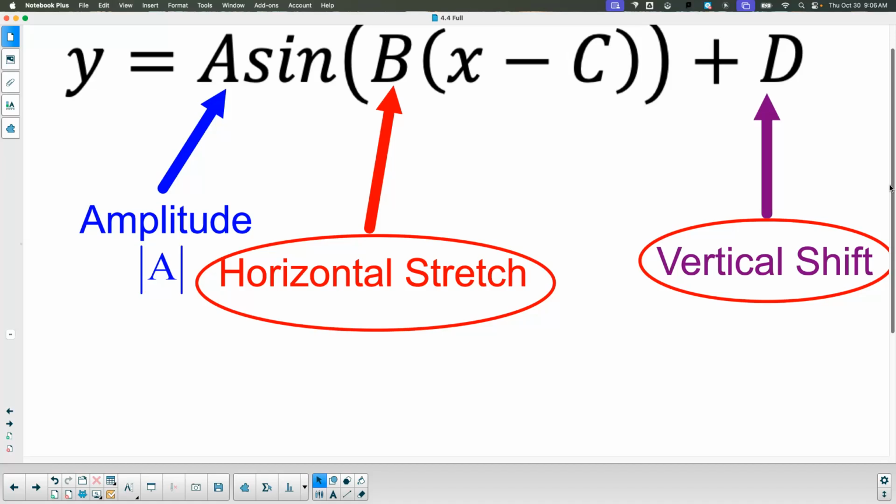Yesterday we were 0, pi over 2, pi, 3 pi over 2, and 2 pi. Today we're not going to be. Today we could be goofy. We're not horizontally shifting yet, so this C value right here, today we're not worried about that one at all.